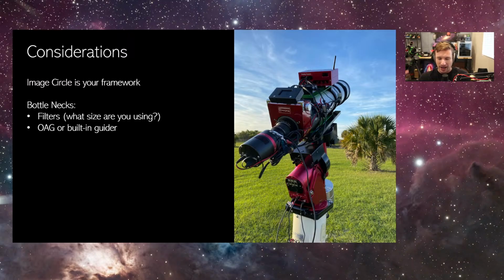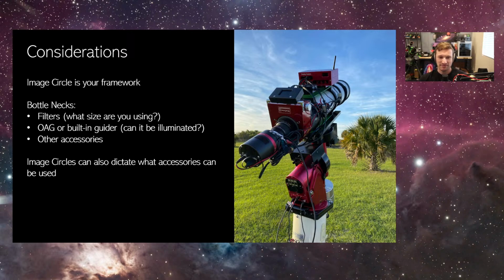You have to remember that when you buy this camera, yes, the chip is smaller and would fit within the smaller image circle, but you need a bigger circle than you'd think to illuminate the guider as well. You need to take that into consideration. So make sure your image circle can handle not just the chip, but the guider, as well as other accessories that you're going to put in there. You just want to make sure everything works as a unit.